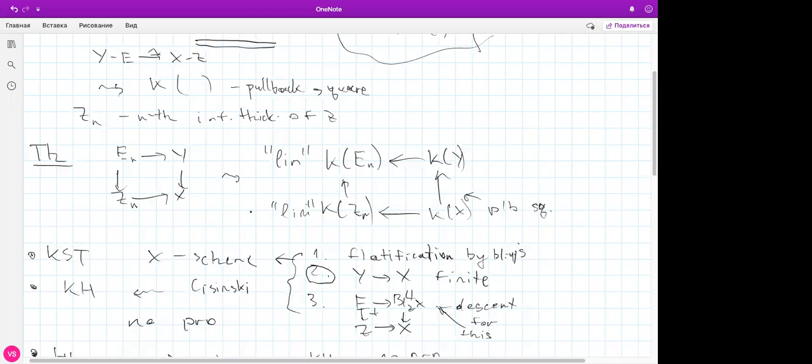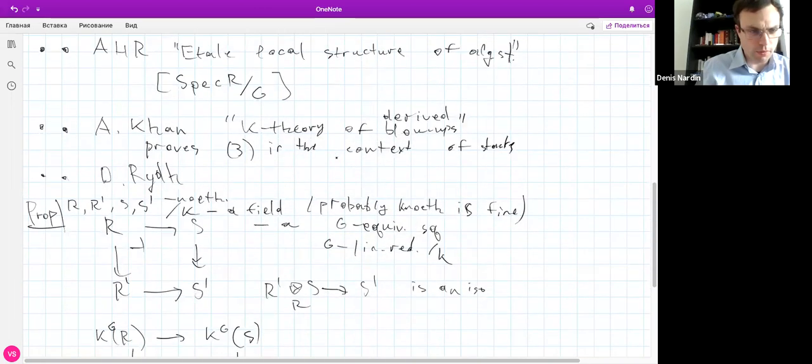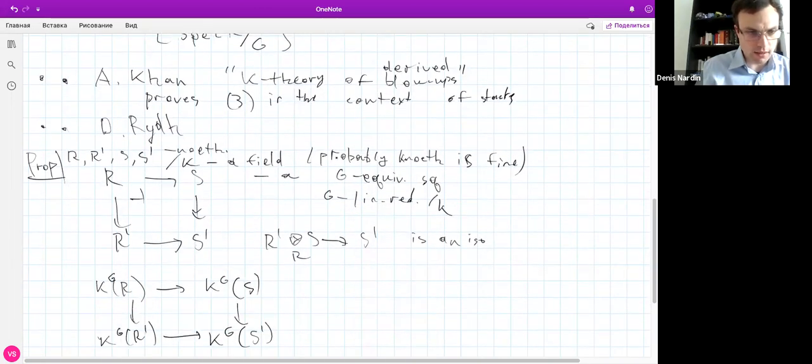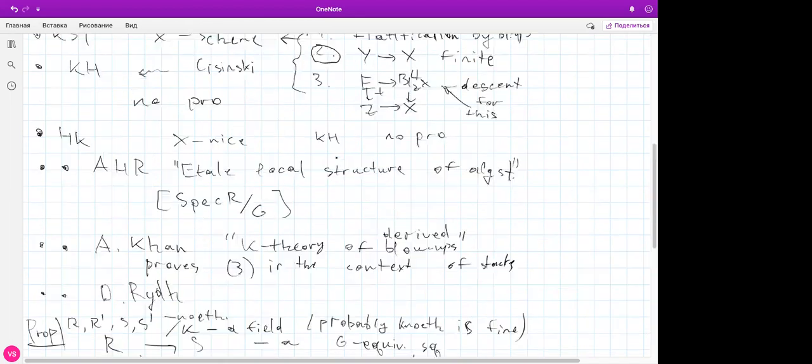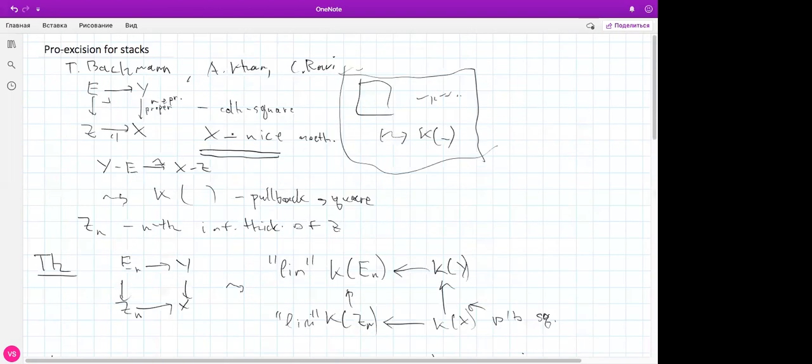You also need it to be representable, and I don't want to talk about this kind of stuff, but representable essentially means that any pullback of an affine cover is an affine cover. Not exactly, but yeah. So you mean proper representable then? Proper representable, yeah. I think I even wrote it somewhere.